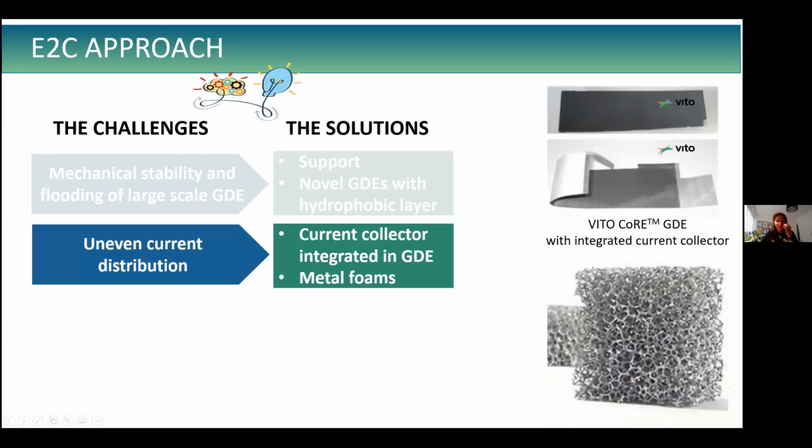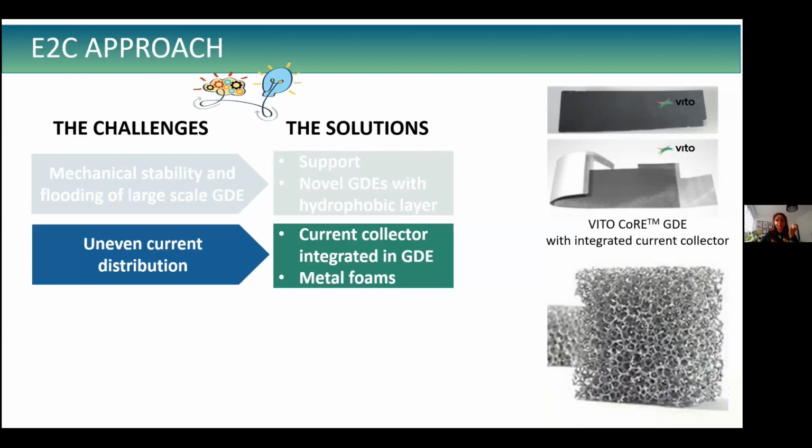Another problem associated with increasing the area of the electrode is uneven current distribution across the electrode. So Vito is developing a new type of GDE where the current collector is integrated within the gas diffusion electrode, so it helps to have an even current distribution.